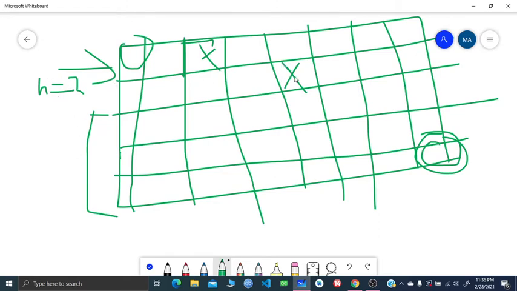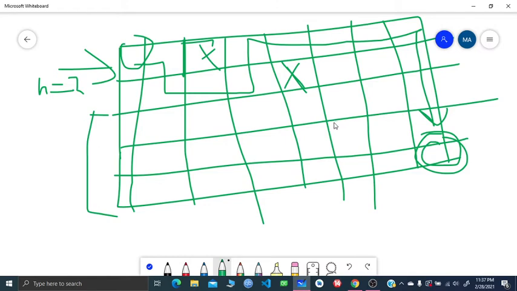Now if you see that these consecutive blockages have at least one free space between them, then I don't need any kind of coins to reach my destination, because I can easily go like this.